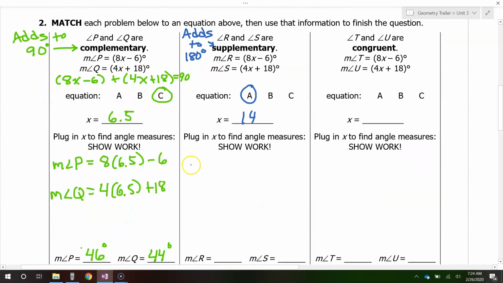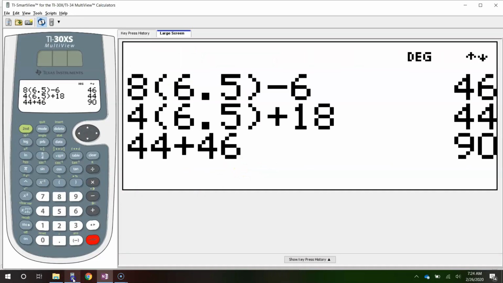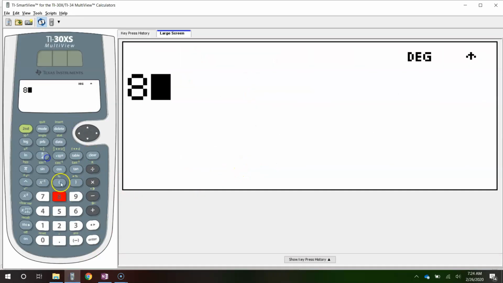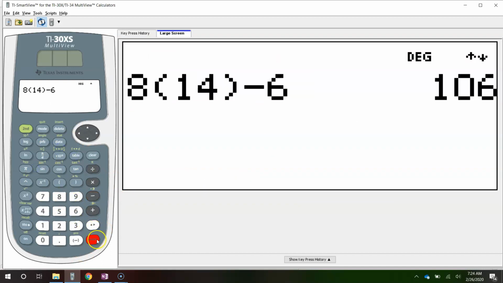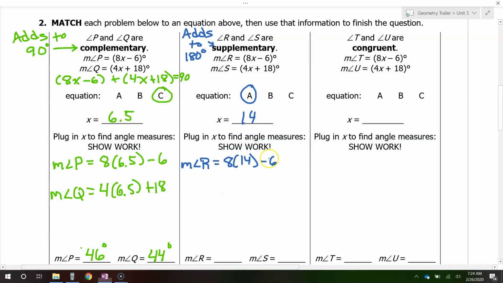So now let's find the angle. So the measure of angle R is 8x minus 6. So that's going to be 8 times 14 minus 6. So that's 106.